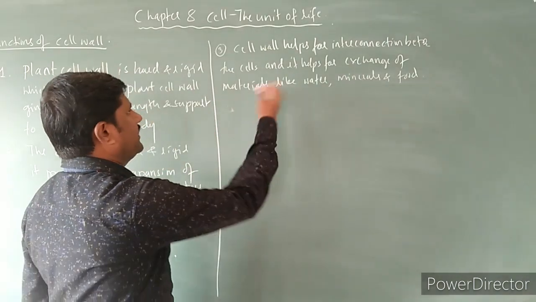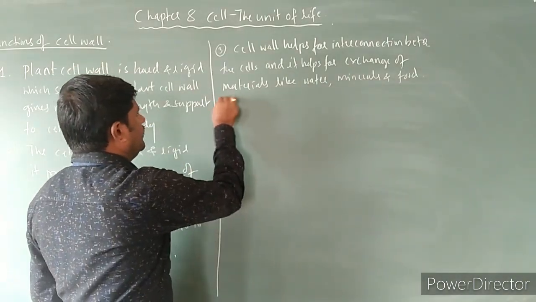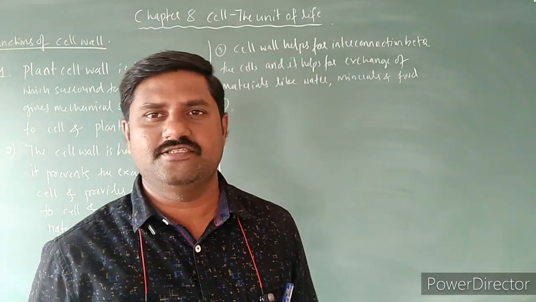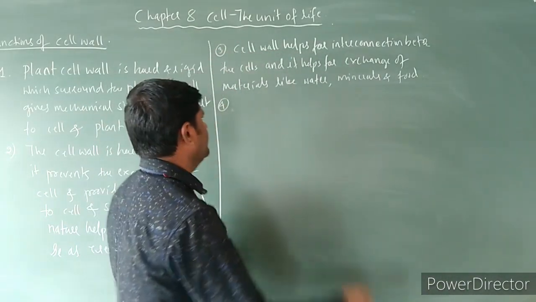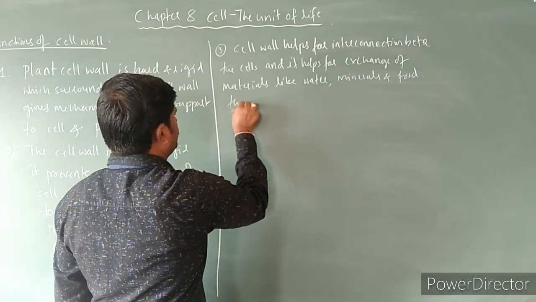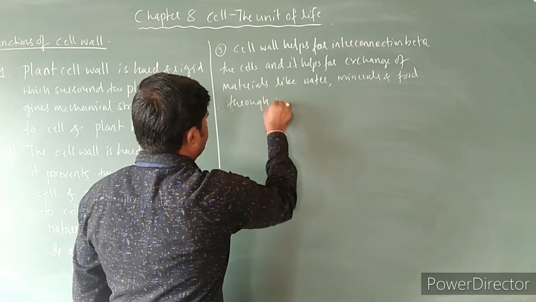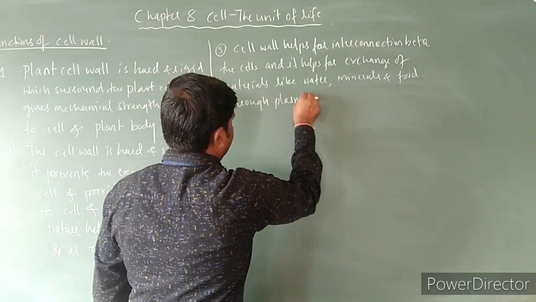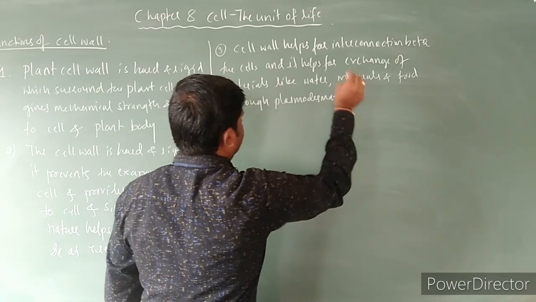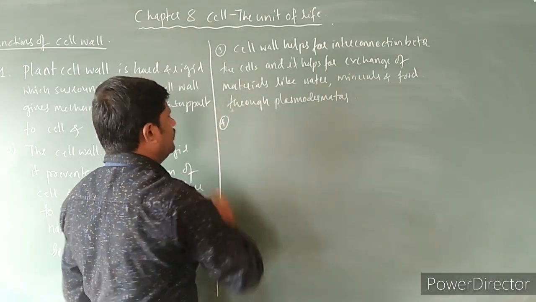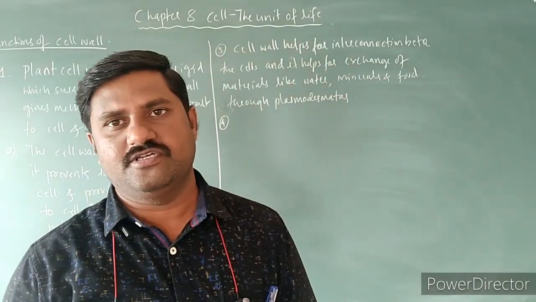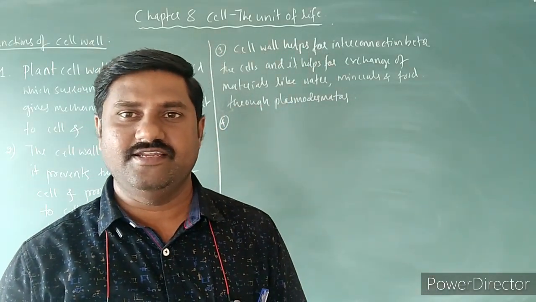All these are exchanged between the cells through the cell wall, since it has plasmodesmata. So minerals and foods move through plasmodesmata. This is the important feature of a cell wall itself.